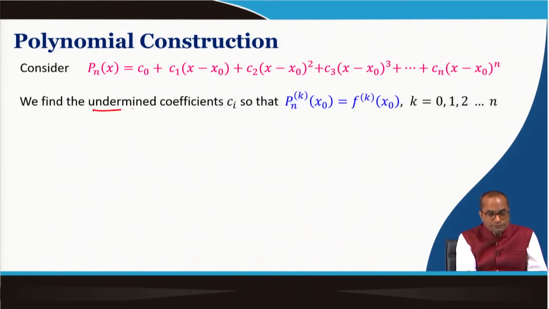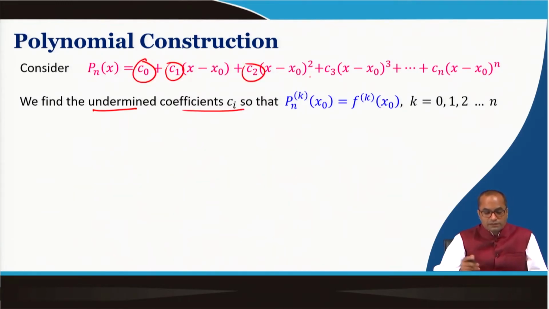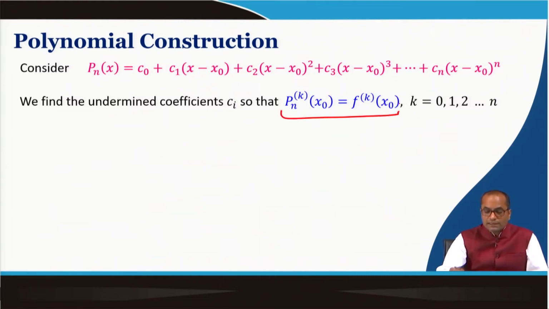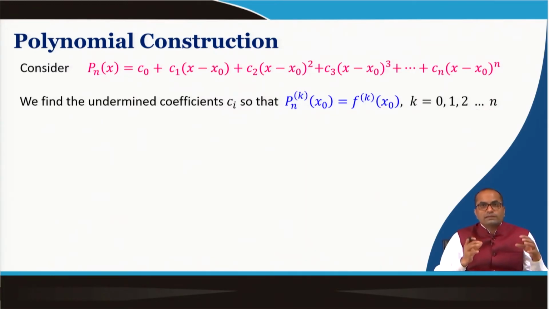So we want to determine these coefficients. So these are the unknowns of this polynomial. So we want to find out what these coefficients are, and we have the conditions that up to nth order derivative, the derivative of the polynomial should be equal to the derivative of the function, and the function value should also be equal to the polynomial value at this point x naught.